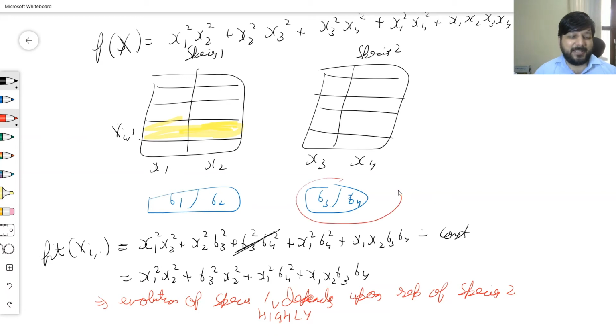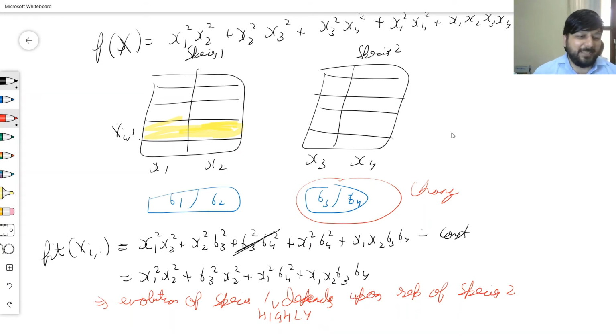Because this representative changes, the fitness function is changed. Have you ever heard of an evolution where after one generation the fitness function changes because the representative of the other population has changed? Weird, unacceptable, bad, but that's exactly what will happen.